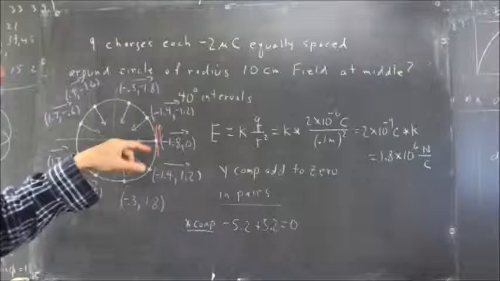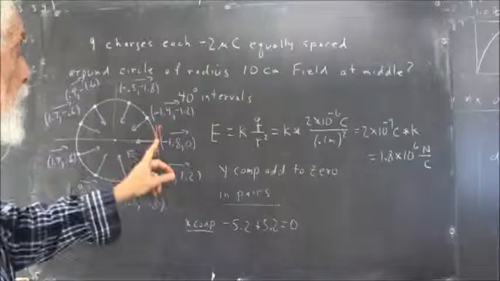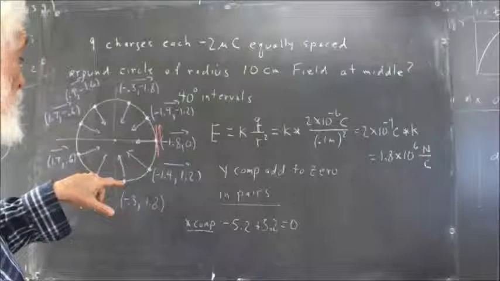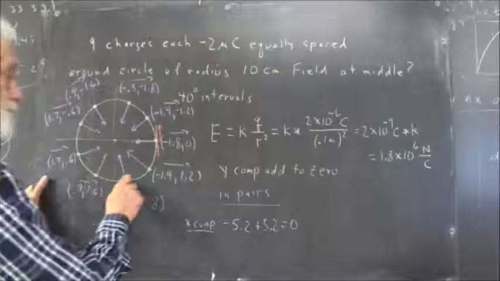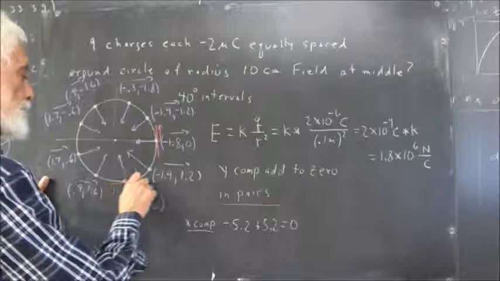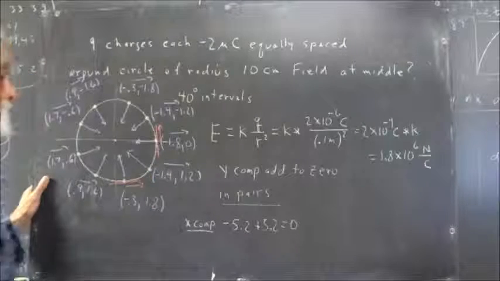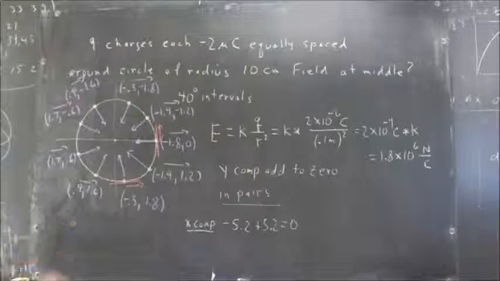So the components perpendicular to this vector are along the line of this vector. And let's just take this vector here because we can label it. The components along this line, which means the components parallel to this vector, have to add up to 0.